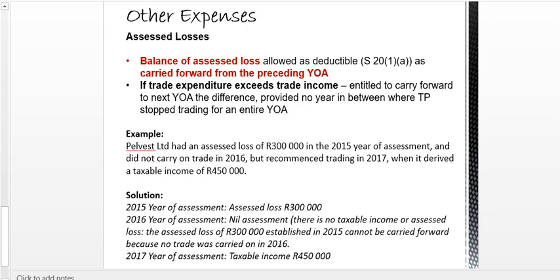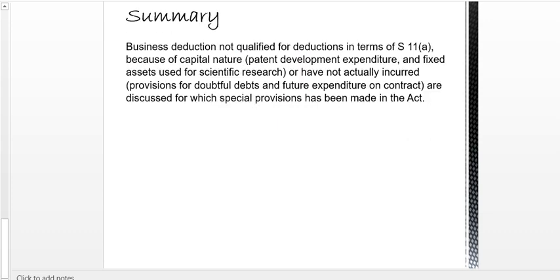So in summary, what we did is we focused on your specific deductions in terms of section 11 of the Income Tax Act, and there were some specific deductions which were of a capital nature, your patents and fixed assets used for scientific research, and also some deductions where costs have not yet been incurred, but the income has been received.